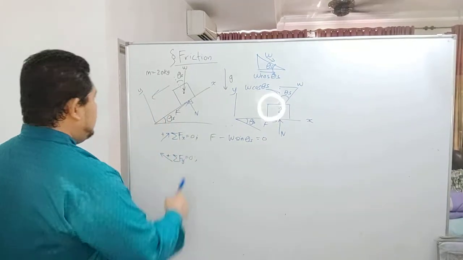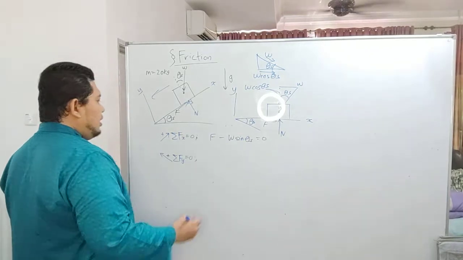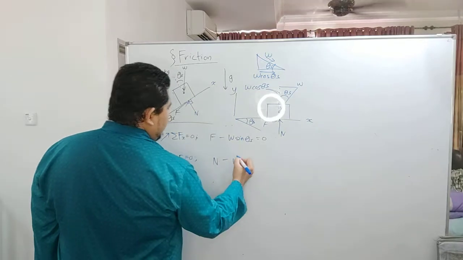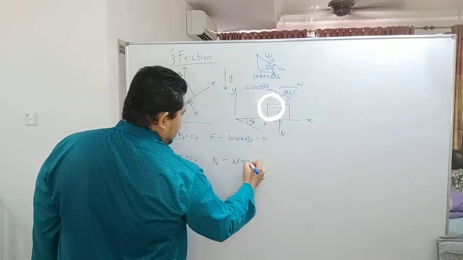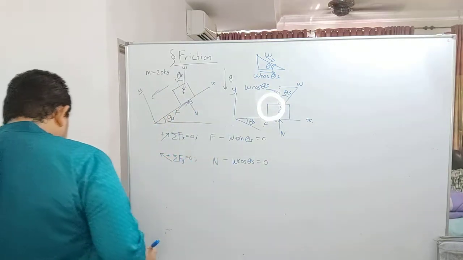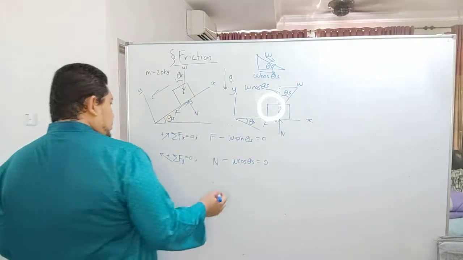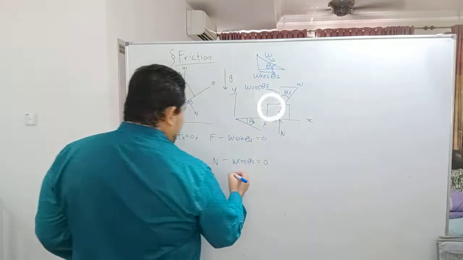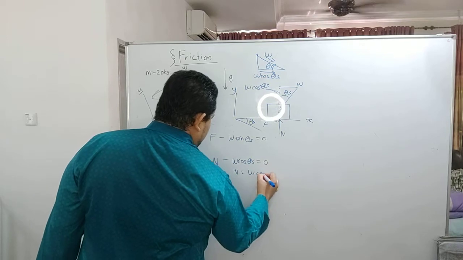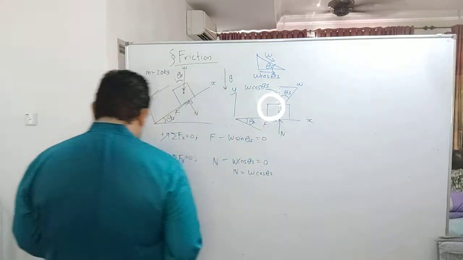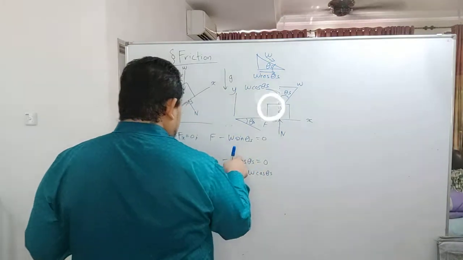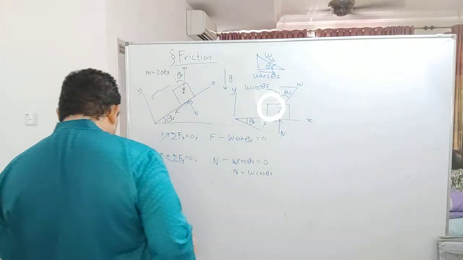Another one over here, and then minus weight cosine theta s, which is equivalent to 0. So if you simplify this equation, N is equivalent to weight cosine theta s, and then you can put it into this equation.